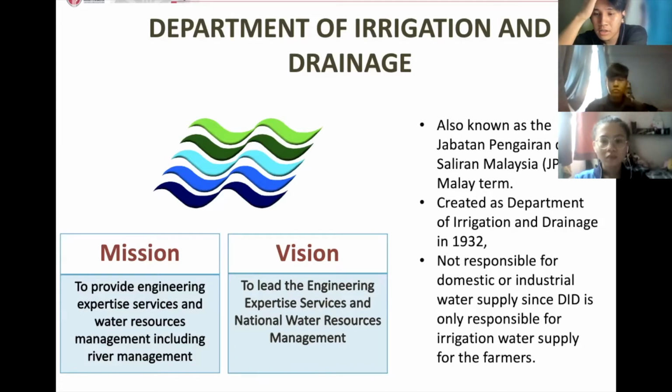The DID only focuses on irrigation water supply. If we want to report a water problem, we can go to the DOE, the Department of Environment. But if we want to report an irrigation problem, we can report to the DID.